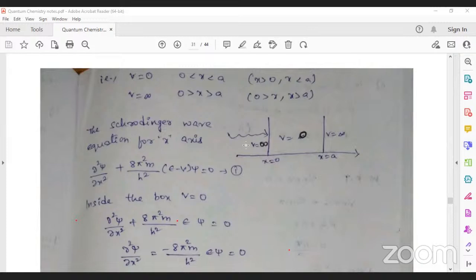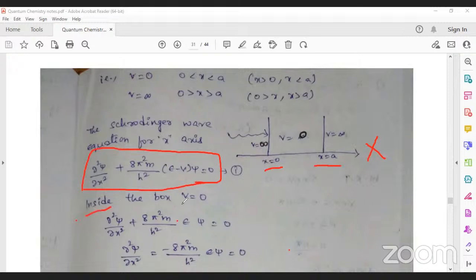Previously we wrote that along the x direction only one axis will be there, particularly the x-axis. That's why the Schrodinger wave equation can be written as ∂²ψ/∂x² + (8π²m/h²)(E − V)ψ = 0. This is the Schrodinger wave equation. So we have to apply the conditions.